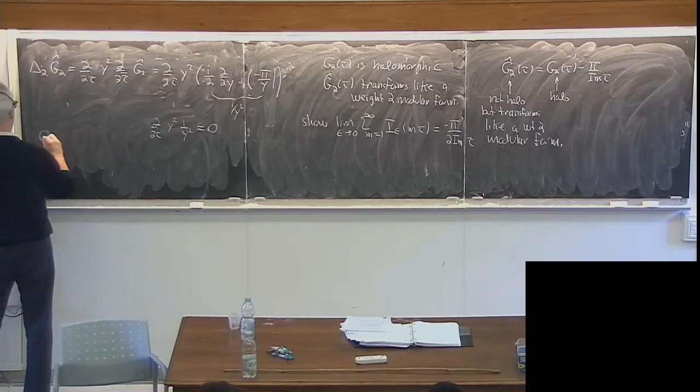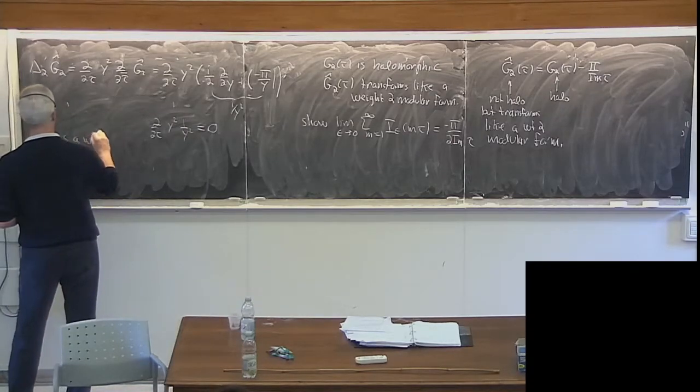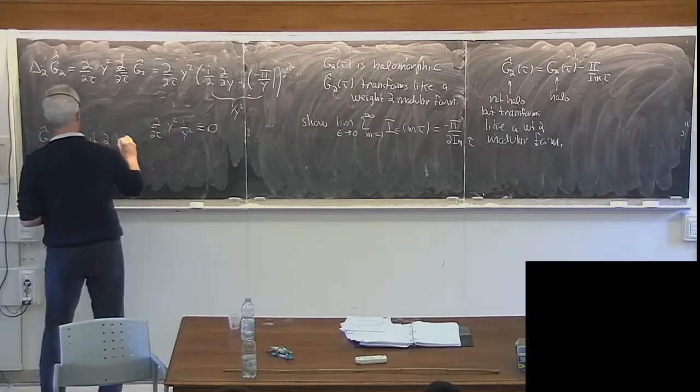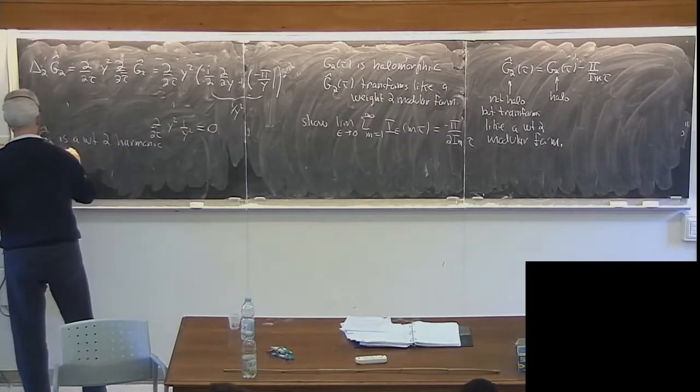So g2 hat is a weight 2 harmonic Maass form.